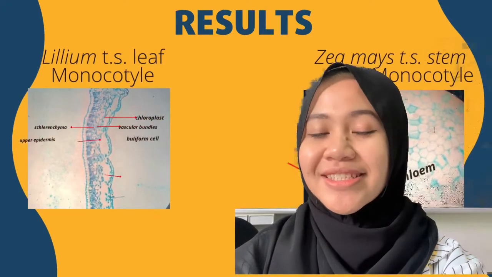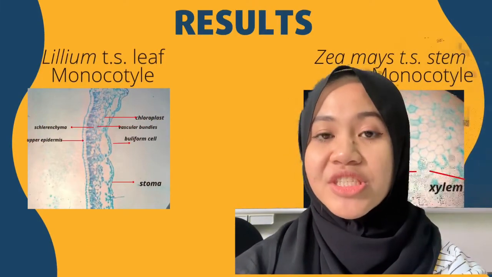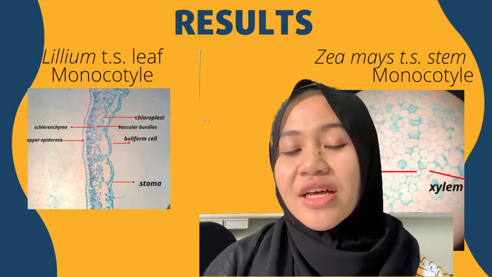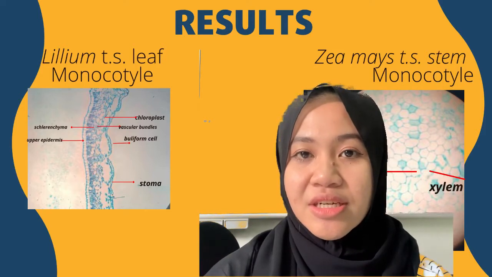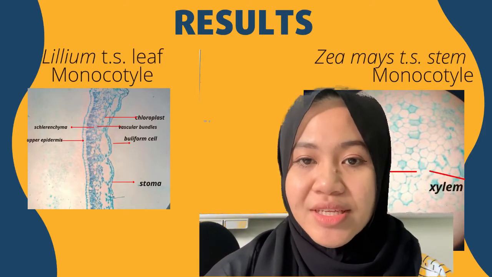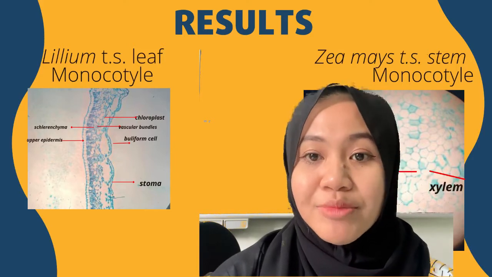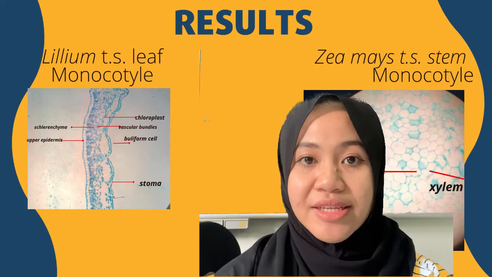Well, the next is results. The result that we got from these observations is, first, lilium transversal leaf. It is classified as monocotyle, and the structures that exist in this plant are sclerenchyme, upper epidermis, stoma, bulliform cell, vascular bundles, and chloroplast.